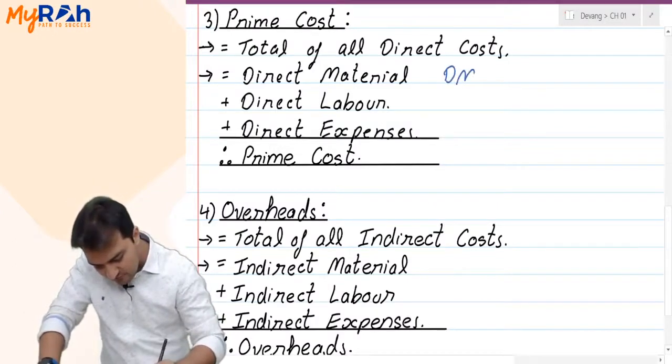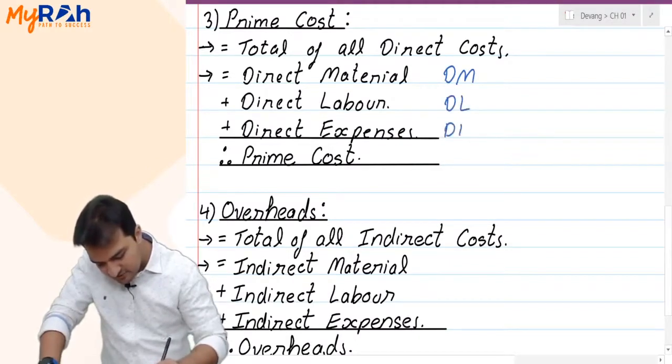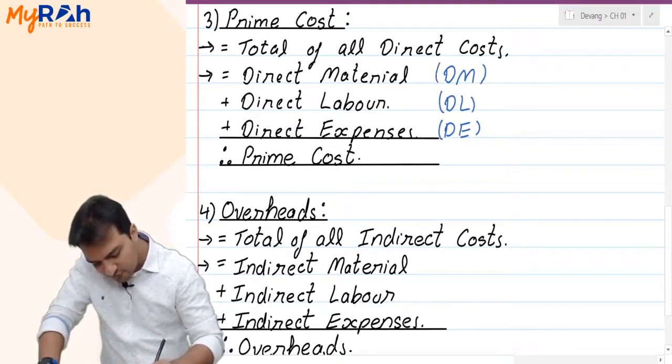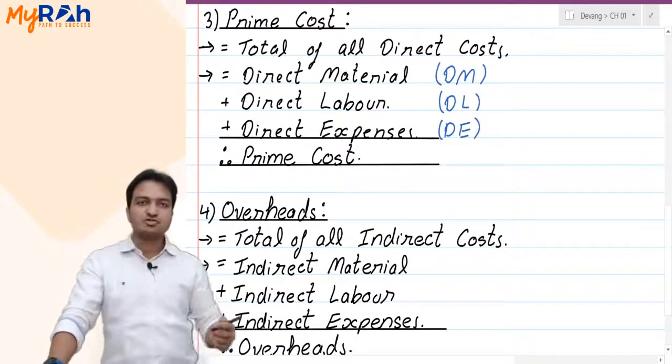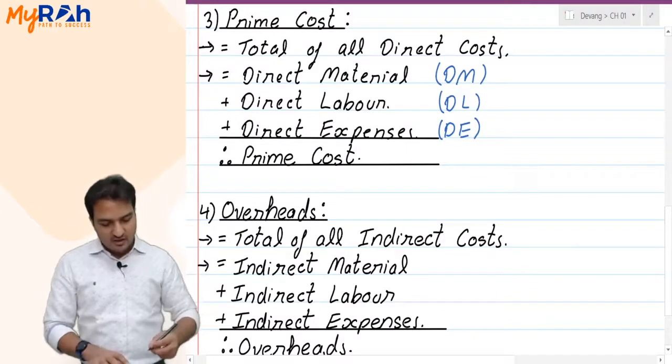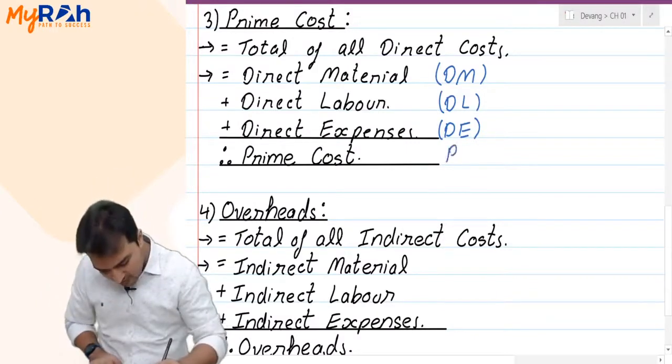Direct material now will become DM, direct labor becomes DL, direct expense will be DE. These short forms are all standard short forms. You can use them in the exams also. And I will be using these short forms in my further explanations. And prime cost accordingly I will call PC, not Priyanka Chopra.